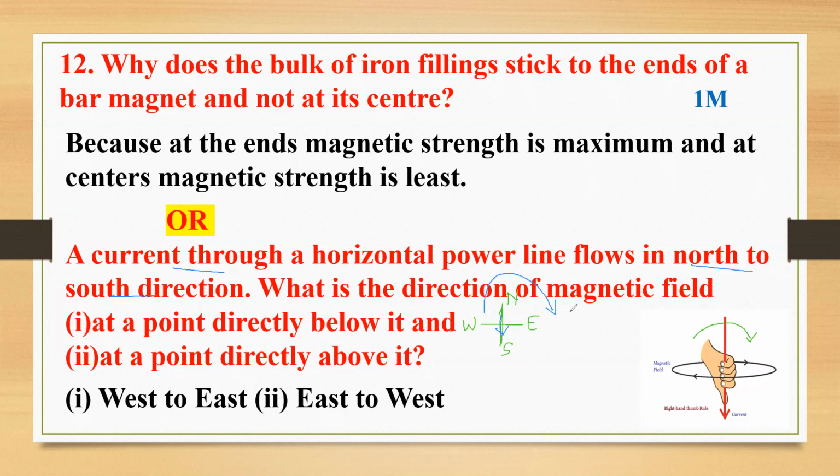This is easy to predict. That is okay. Now, two cases they have given. What is that? The at a point directly below it means if you can think it is a plain paper, the north to south, the current is flowing, then magnetic field will be in a clockwise direction. Now you think, when you hold a pen or pencil, whatever you hold it and put upside down, then you think, how will be the direction?